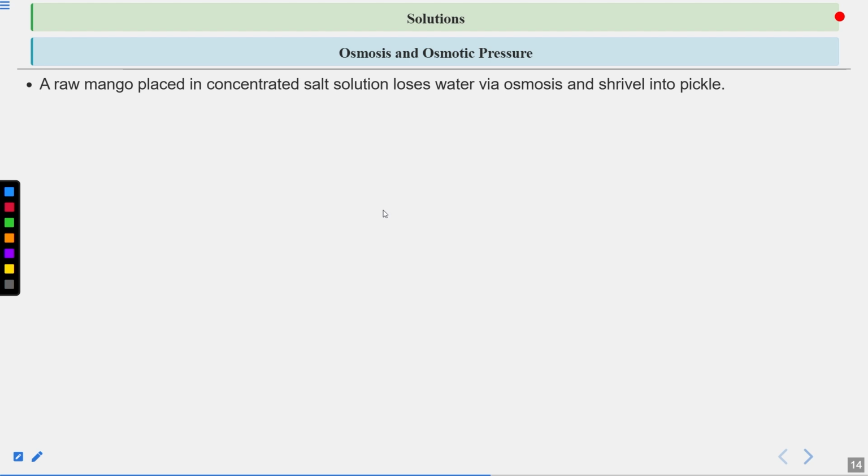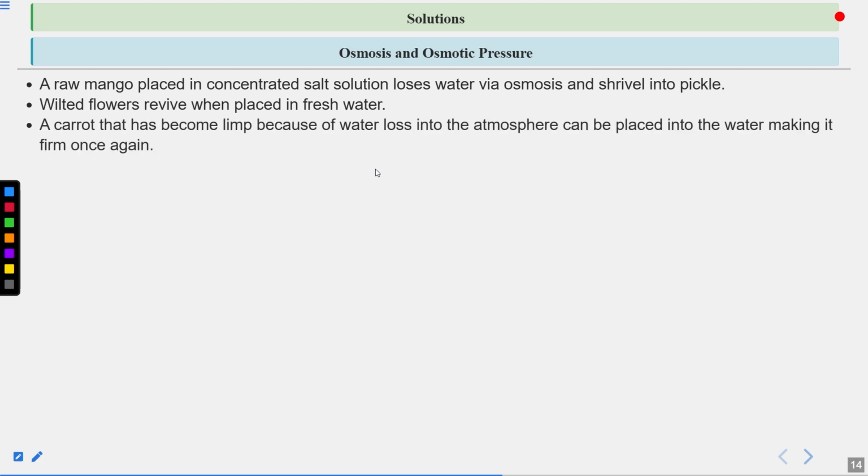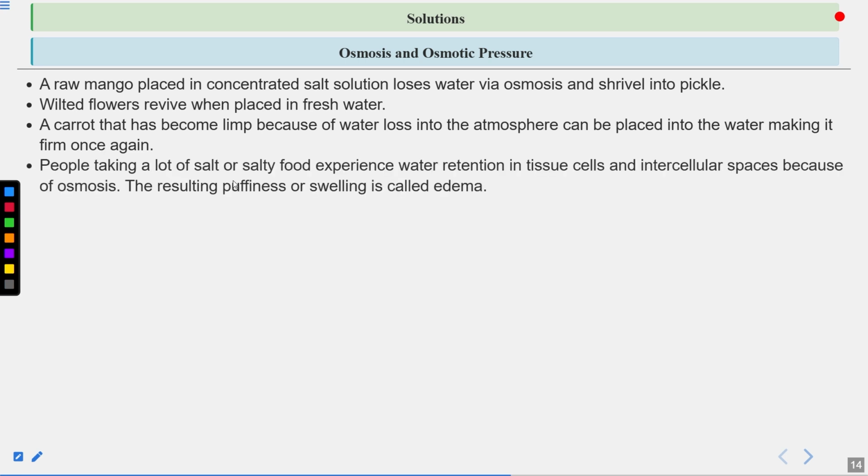Now here are some more examples. The first one is of raw mango. The second one is of the flower. So you can just go through these points or the applications once again. Then we have the carrot example. They all are similar to this. You can think the same thing of people who are taking more salty food. They would see that there is water retention in the tissue cells because of the same hypertonic and hypotonic thing, and it is called edema.